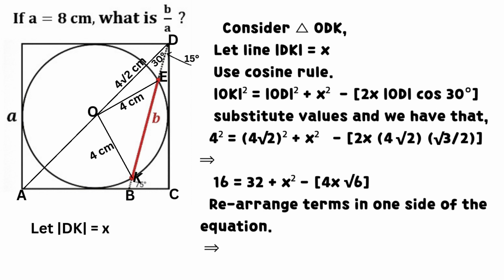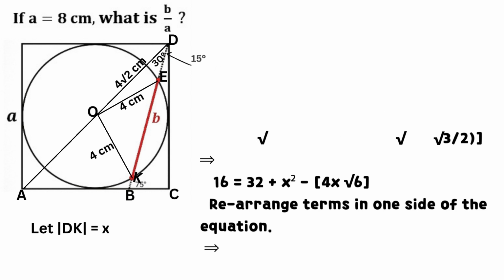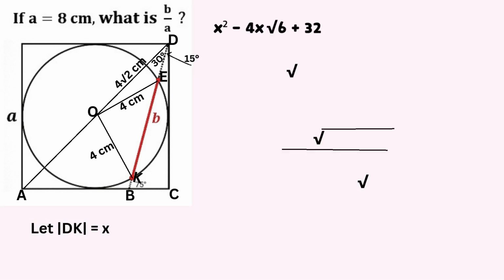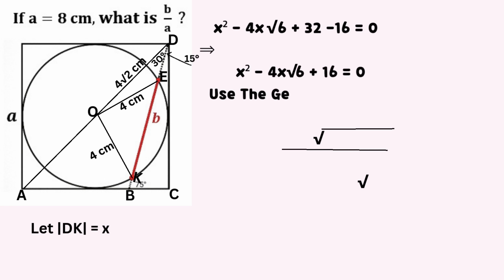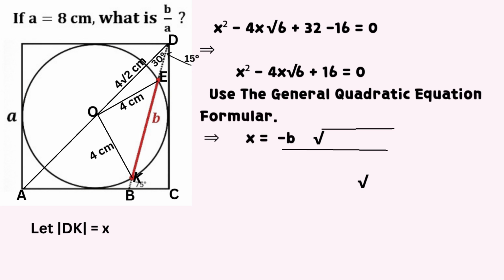Simplify it to have that 16 equals the sum of 32 and the square of X minus 4 times the product of X and the square root of 6. Rearrange terms on one side of the equation. X squared minus 4 times X times the square root of 6 plus 32 minus 16 equals 0.